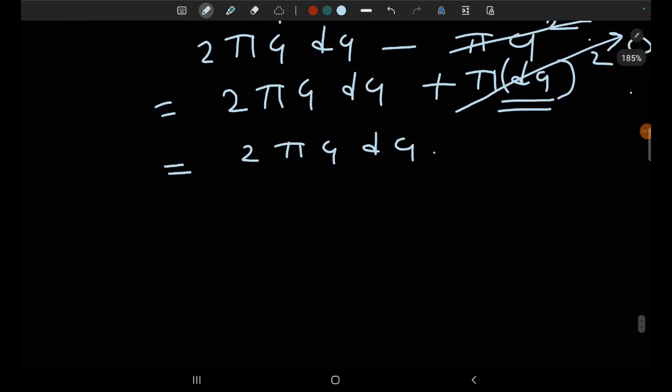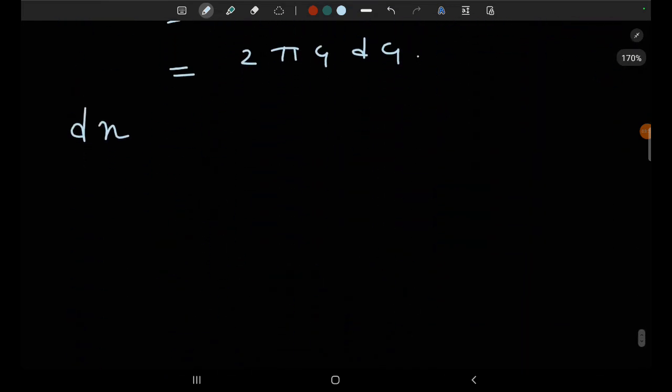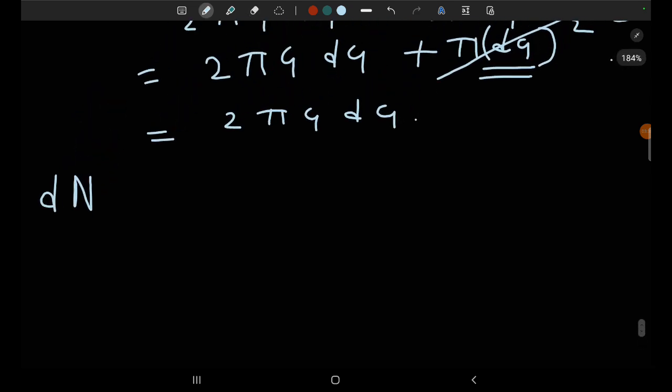We had the dn, or let's revert back to capital N, because this is the dN c1 that we defined as the number of molecules that have speed lying in the range c1 to c1 plus dc1, and it equals the point density times the area. What was our point density?